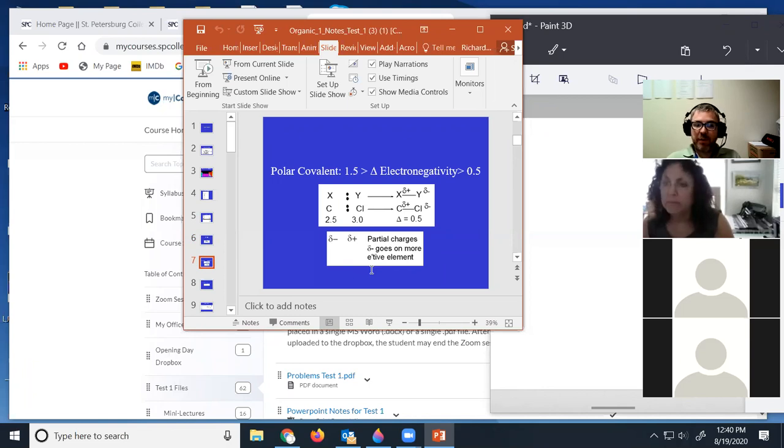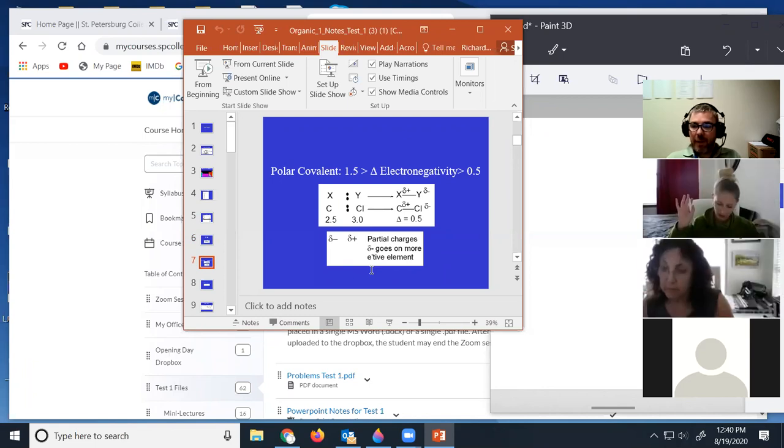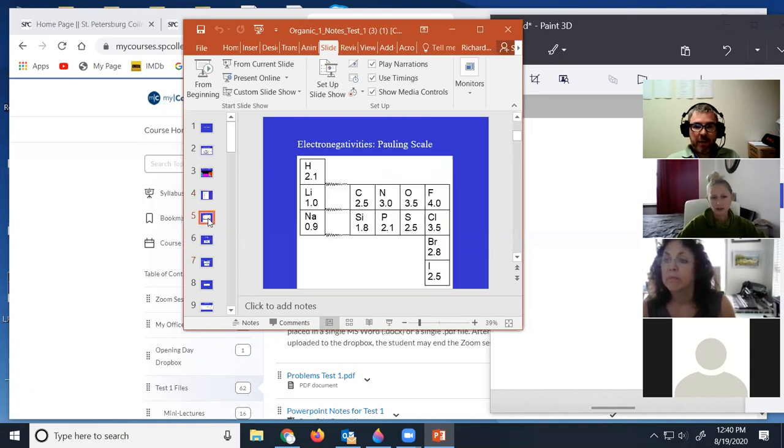Does anybody have any questions so far? Can I ask a question? Yeah, go ahead. About the charge itself on a carbon or chlorine, the 3.0 and 2.5, are they from a chart? Yeah, they're from this chart that I showed you back here. This Pauling electronegativity scale. And where is that chart? Oh, where is it? Well, it's here.